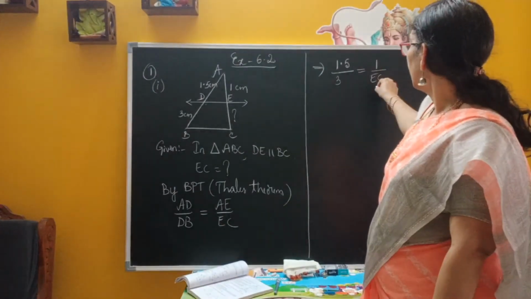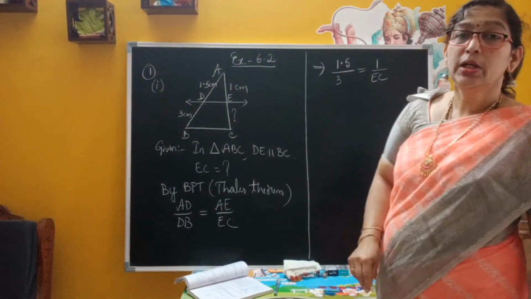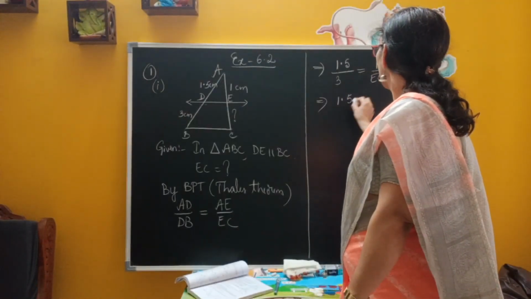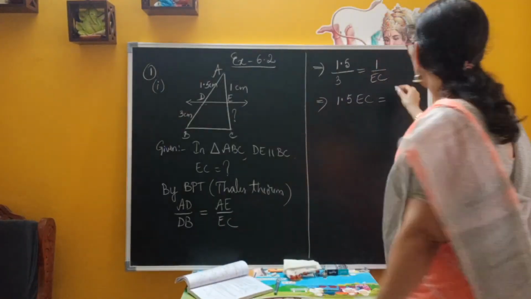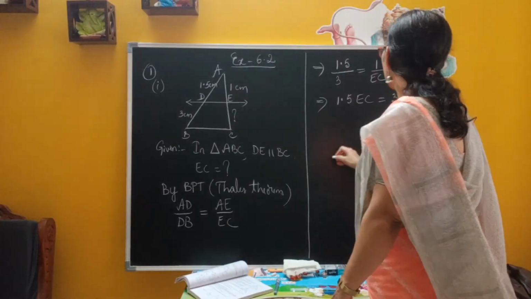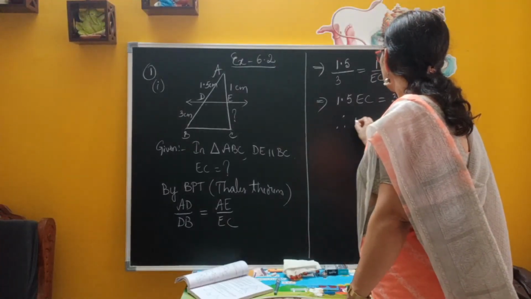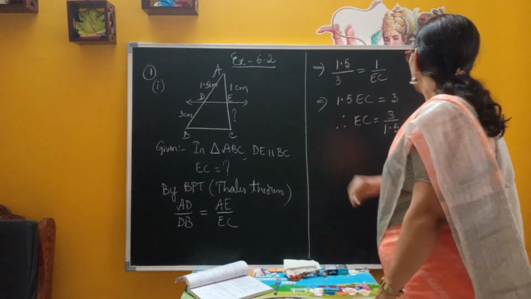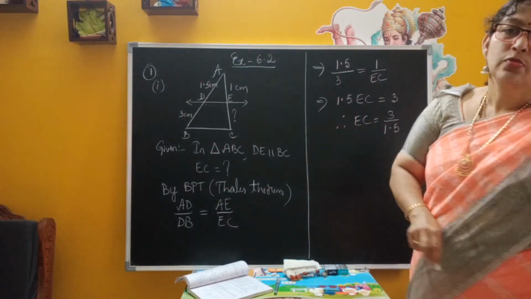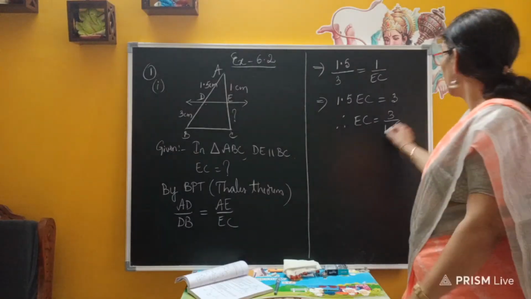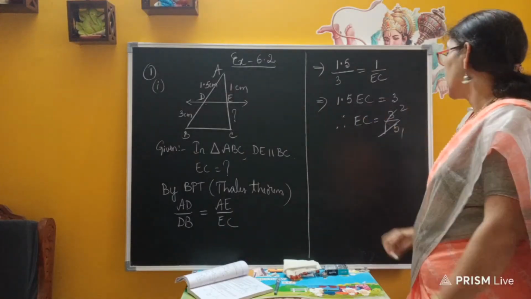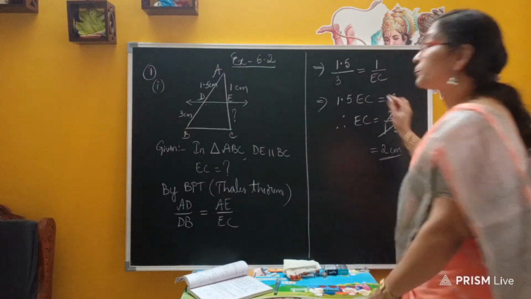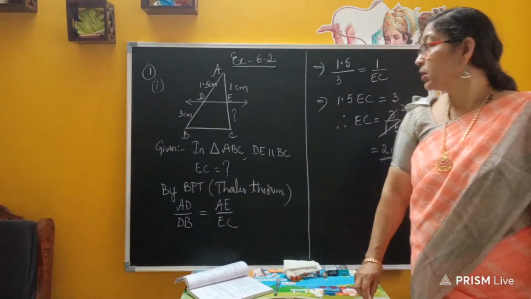So 1.5 into EC is equal to 3 into 1. So 1.5 EC is equal to 3. So EC is equal to 3 by 1.5. How many times does 1.5 go? 2 times. So the length of EC is 2 centimeter.